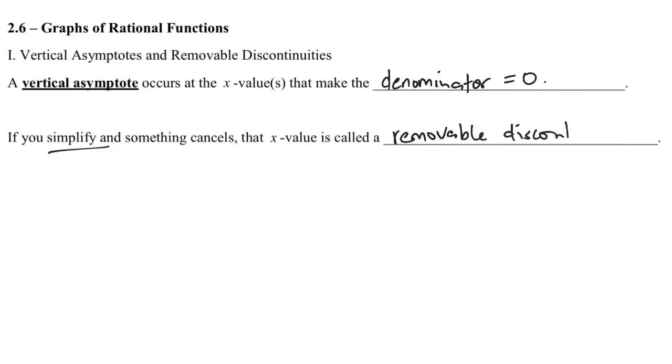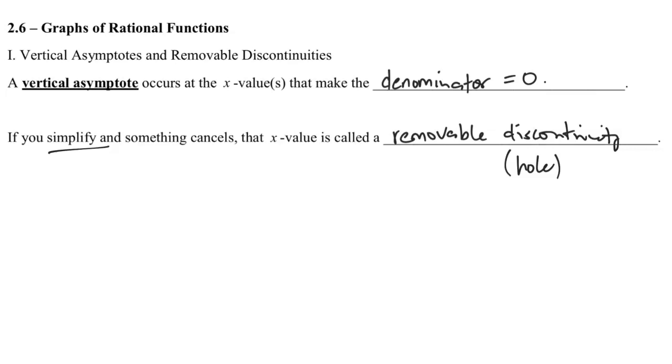If you remember, we talked about this in the section 1.2 notes, where I said if you plug in an x value and get 0 over 0, we called that a removable discontinuity, or you'll also hear me use the terminology of a hole. And so if you simplify by factoring and something cancels out, that is not a vertical asymptote. It is in fact a hole or a removable discontinuity.